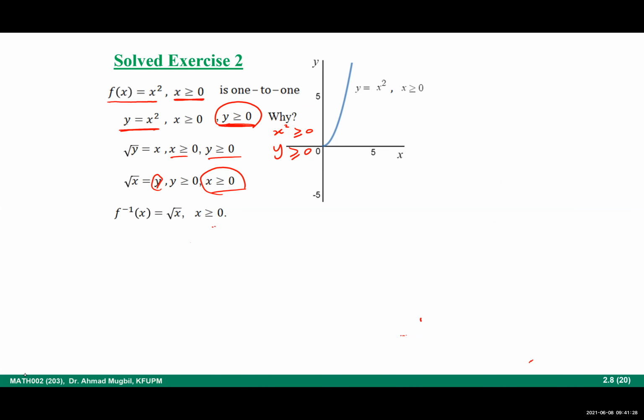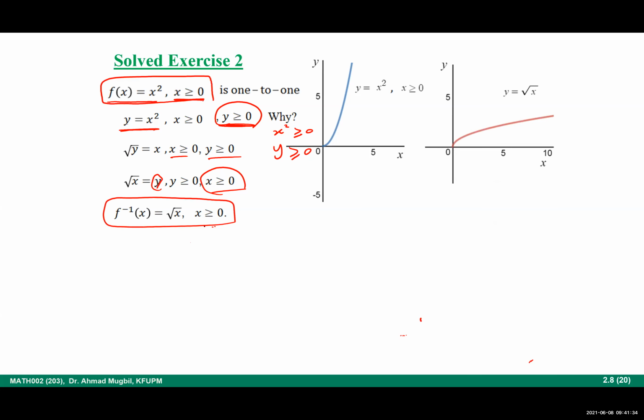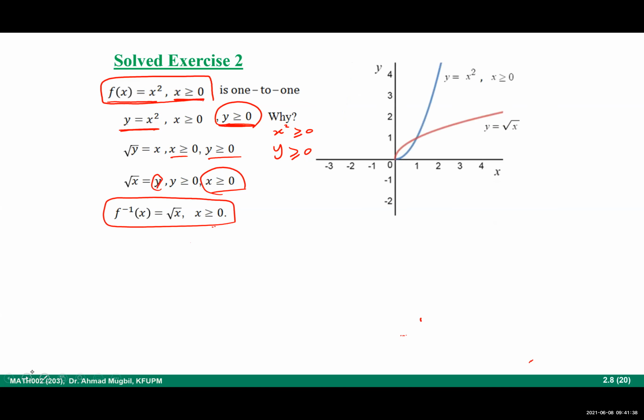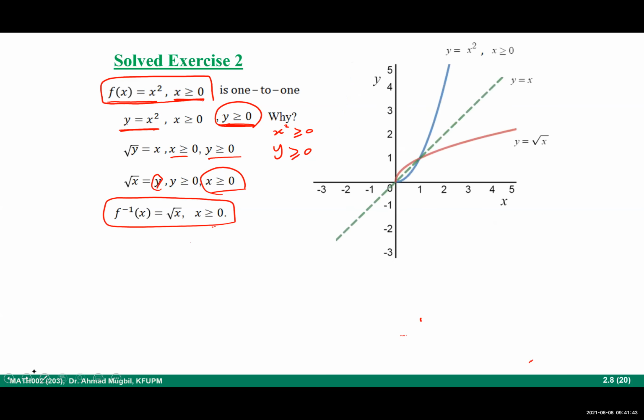Let's try to sketch the graph of the inverse of this function. Compare the graph of the original function and the graph of the inverse. Look at this and this. Let's sketch them on one graph. If you look at them, they are in fact obtained from each other if you reflect one of them in the line y equals x.